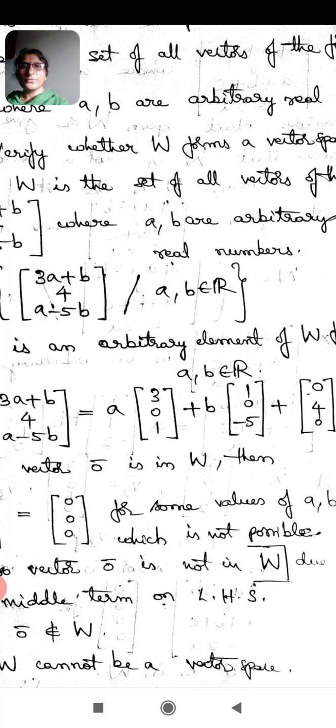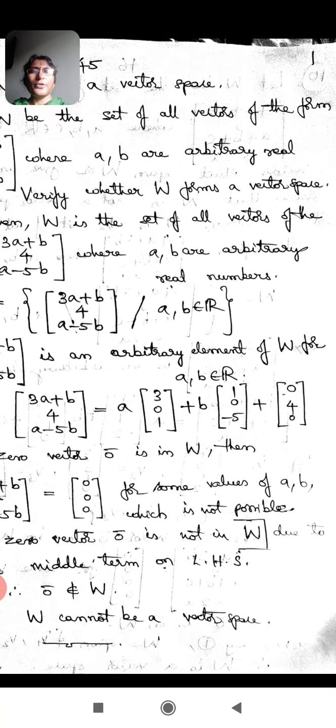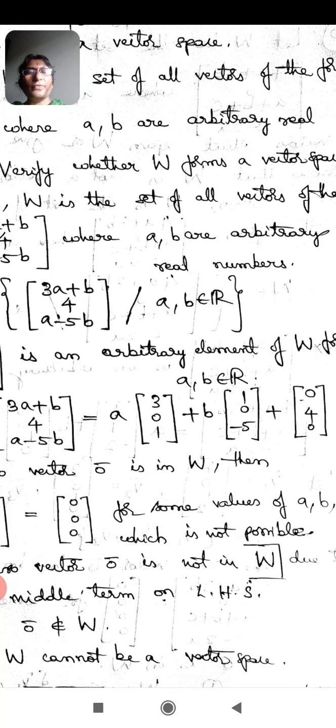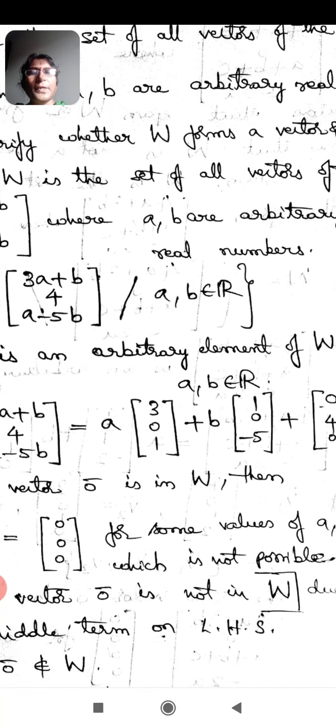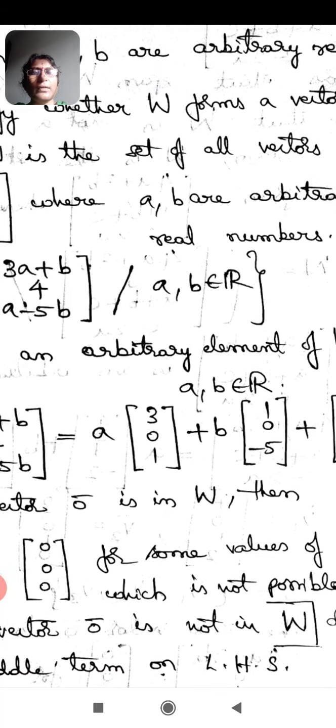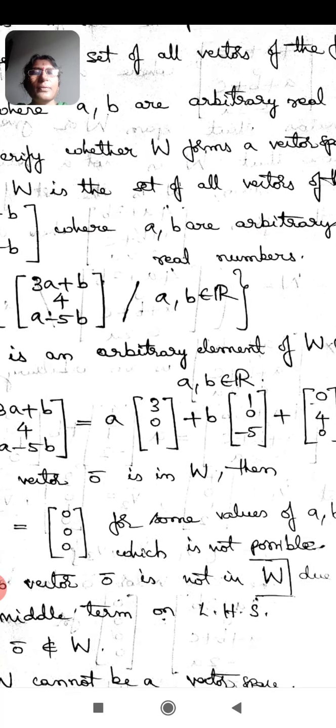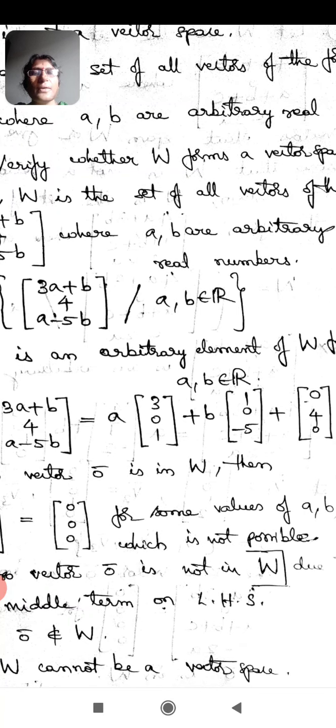The number 4 is a fixed number, and that is how it is neither the coefficient of a nor the coefficient of b. So when we take a common, it cannot be present in the column vector multiplied by a. In the same way, when we take the scalar b common, we also cannot take 4 in the column vector multiplied by b. So that is how it has to be represented in a separate column vector.